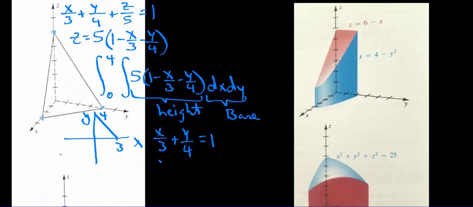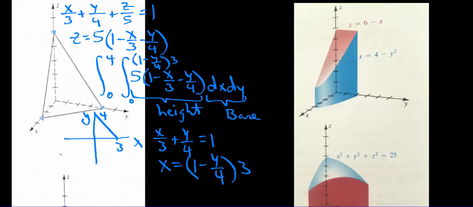X is equal to 1 minus y over 4, times 3. That's what x is. So the upper bound is 1 minus y over 4 times 3, and it starts at 0.